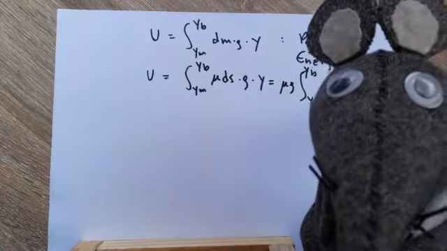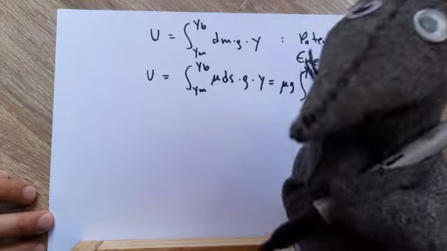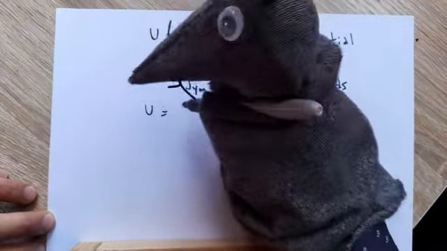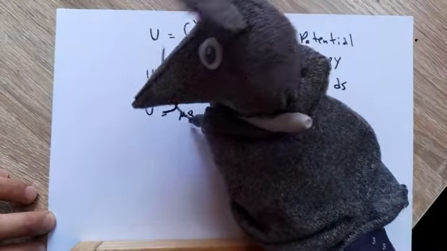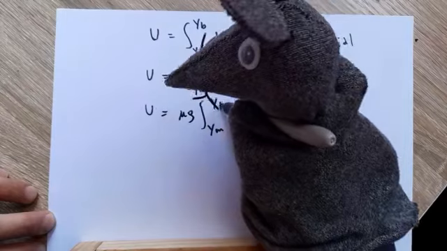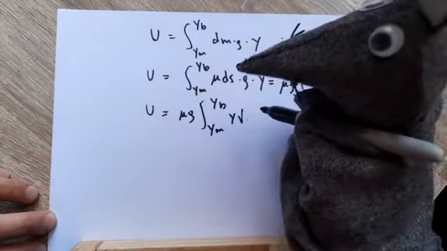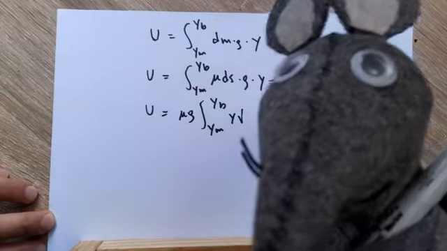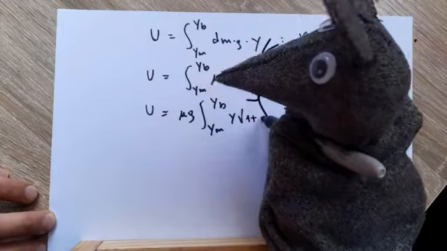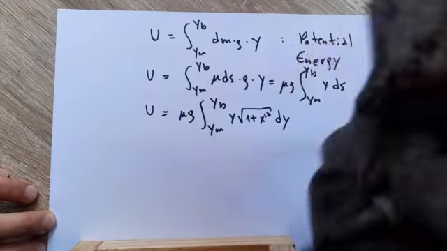Finally, we write ds as a function of the coordinates: the integral from ym to yb of y times the square root of 1 plus x prime squared dy.